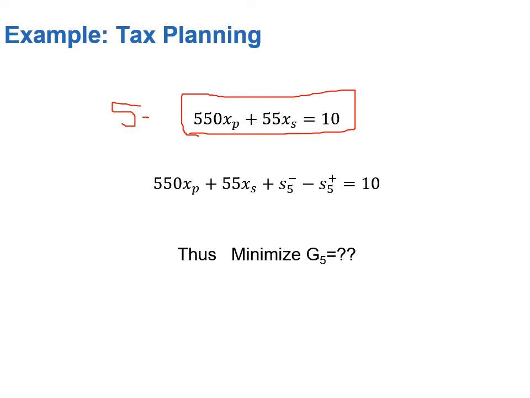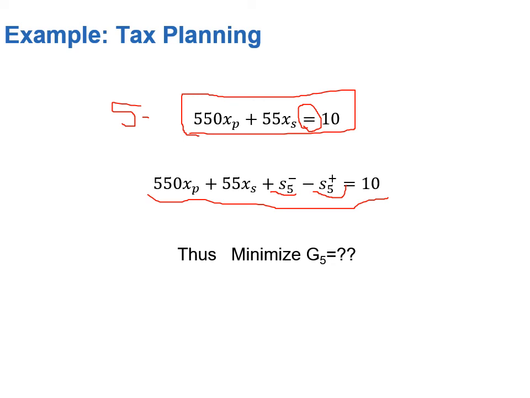So what do we do in order to convert this to a goal programming approach? Again, you shouldn't say that, okay, this is already equal to, so I will keep it as it is. No, we are still adding new, negative, and positive deviational variables. Okay, we need to add and convert the constraint into this one. Whatever the constraint sign is, we need to do this.